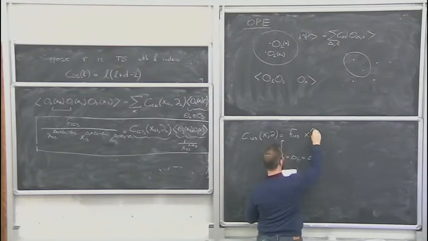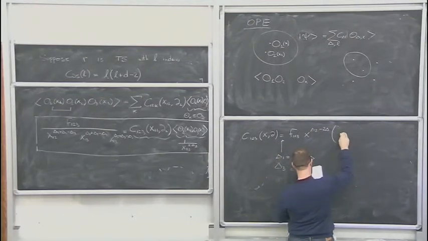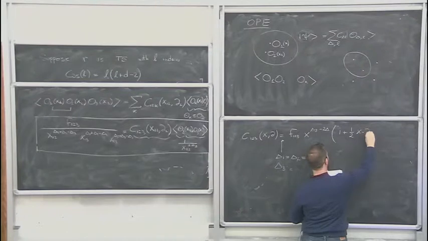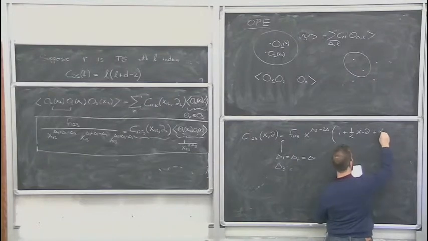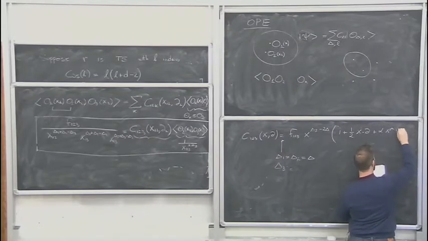So this is going to be x to the power delta 3 minus 2 delta, times 1 plus 1/2 x dot derivative plus, say, alpha x^mu x^nu derivative_mu derivative_nu, plus dot, dot, dot.